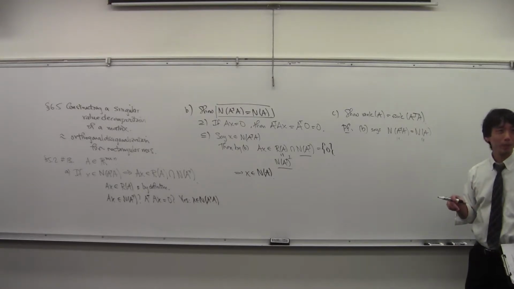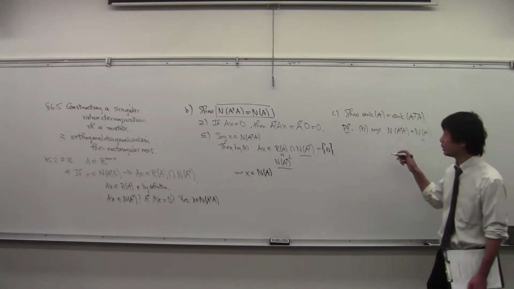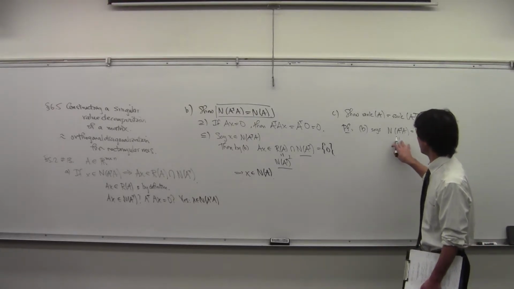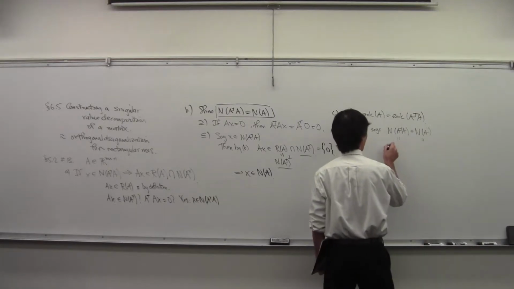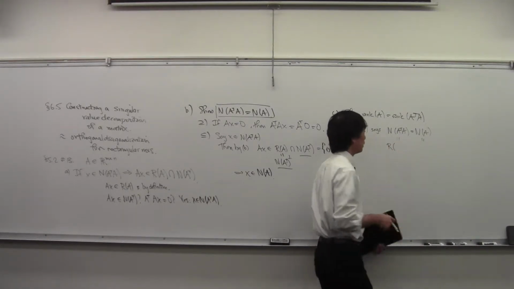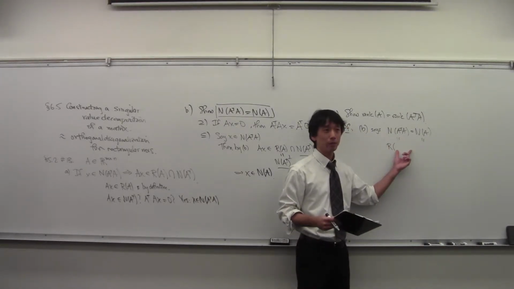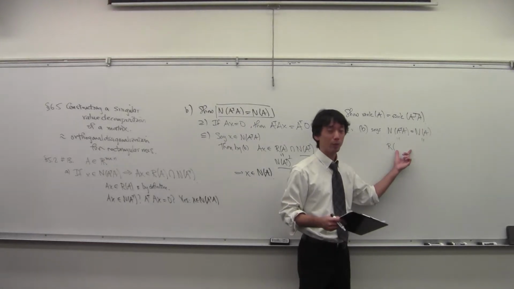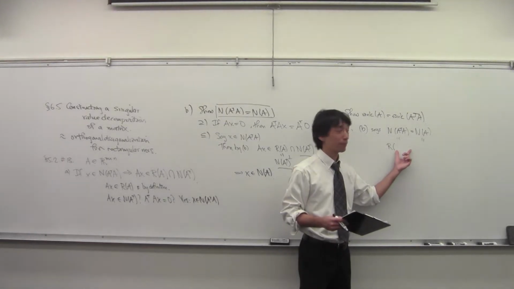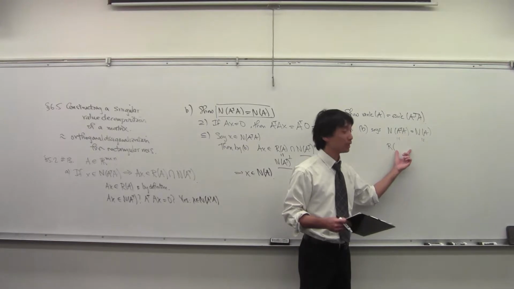Anybody want to tell me? What does the fundamental subspaces theorem say? Well, it says that this is going to be the perp of ATA transpose. But what's ATA transpose?